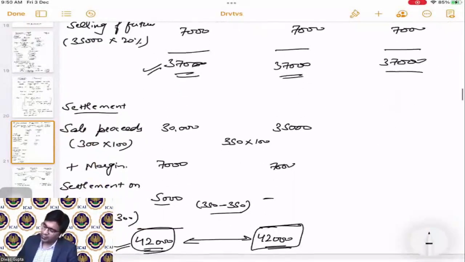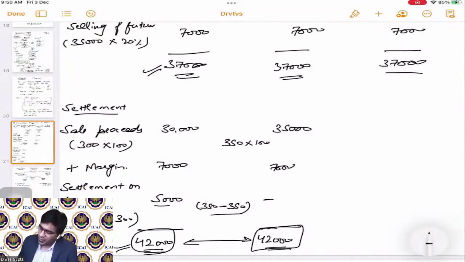Now we have a closing price of 400. 400 multiplied by 100 will be the sale proceeds because he is holding 100 equity shares. He will sell at 400, 40,000 will be the value. Margin still will be 7,000, but the settlement will happen like this.